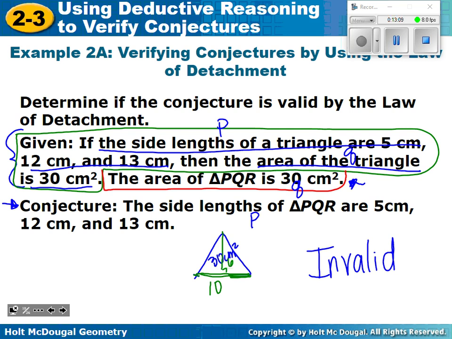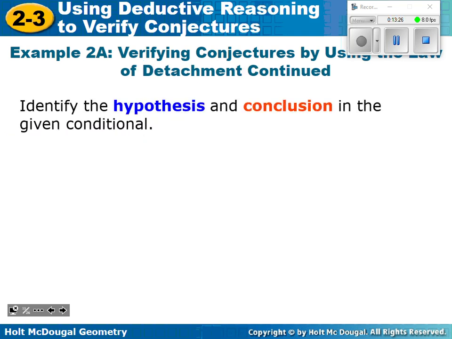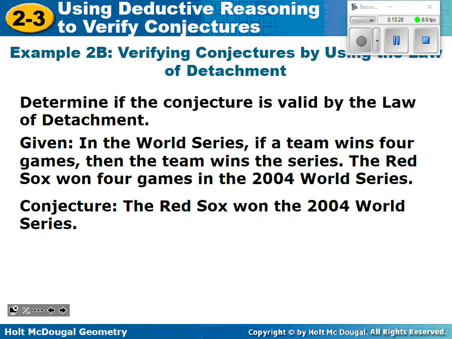Okay, and even not even thinking about it mathematically, the law of detachment says if P happens, Q happens. They told us Q happened and tried to go backwards and say that P would happen. You can't go backwards. Is that making sense? Okay, let's try another one. You and your partner decide if this was a valid use or an invalid use.